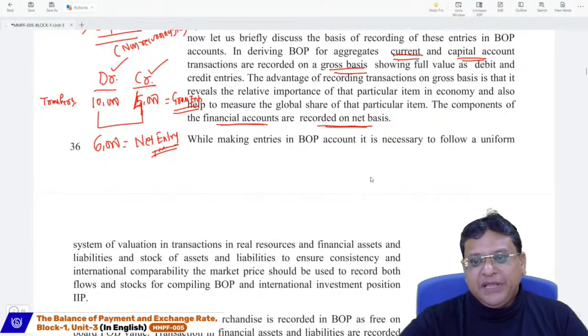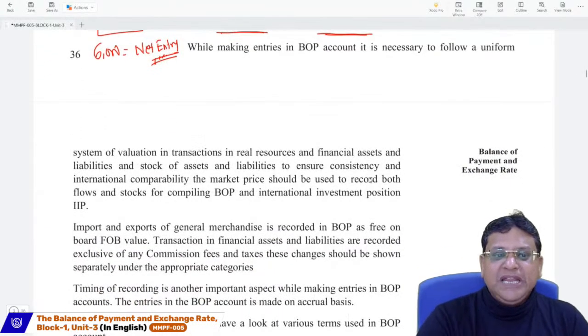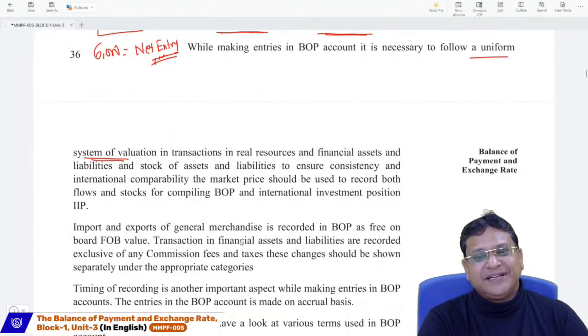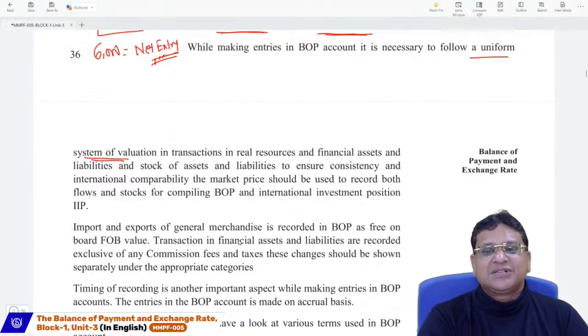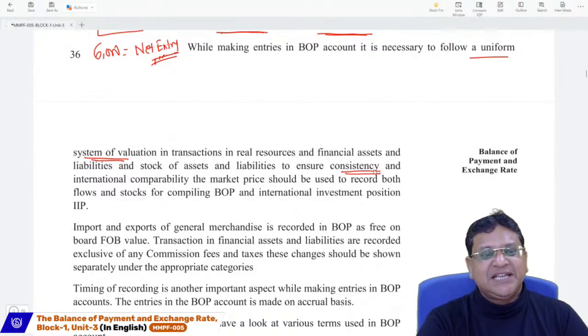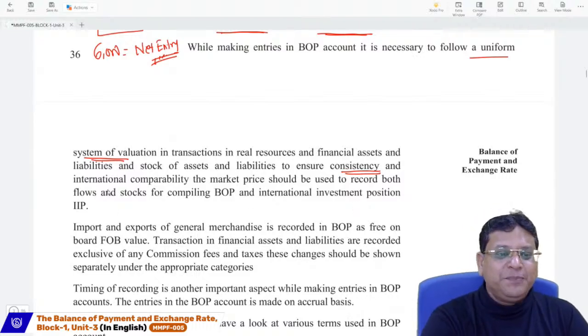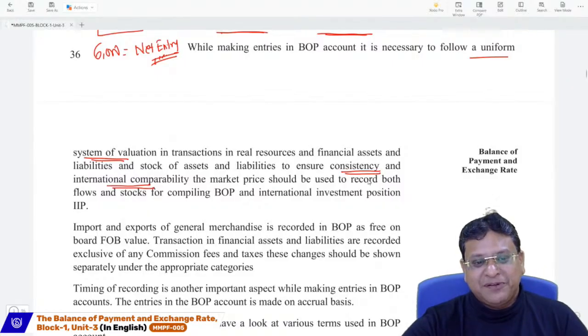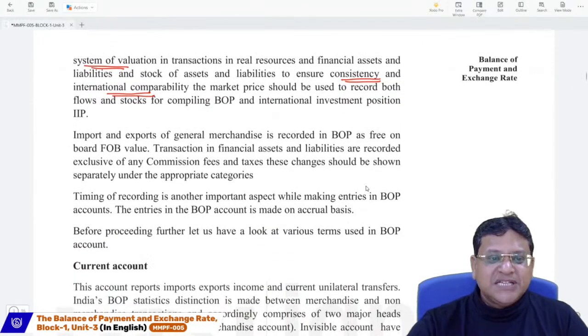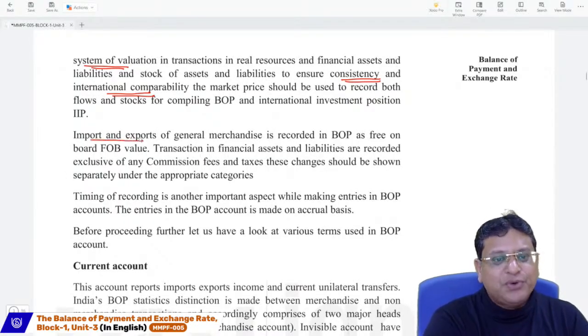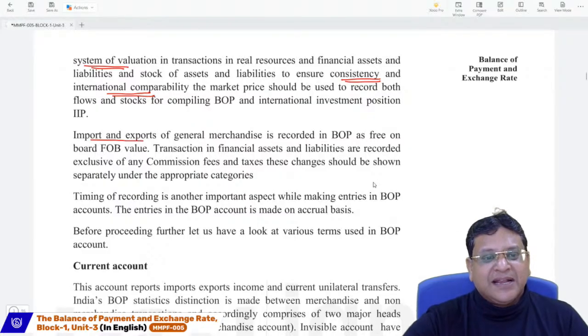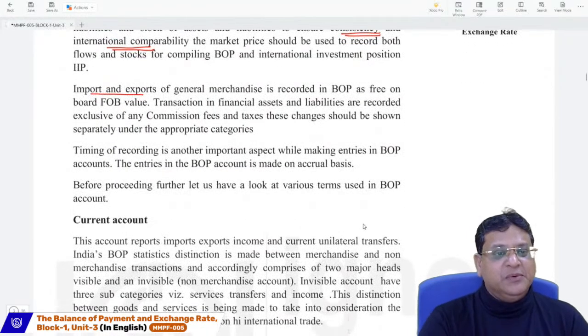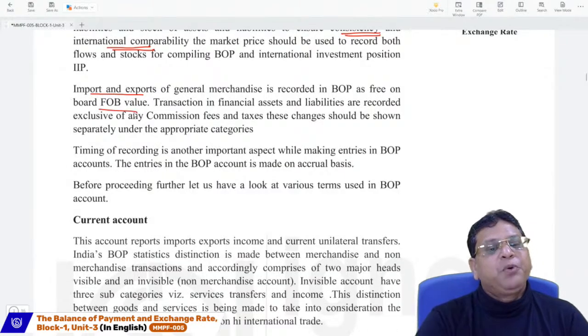Next, in BOP, you have to follow a uniform valuation system. You have to value the assets and liabilities on a uniform basis, so that there will be consistency in BOP records and there will be international comparability of BOP statements of different countries. So what are the systems of valuation? Imports and exports of different countries are recorded at their FOB value.